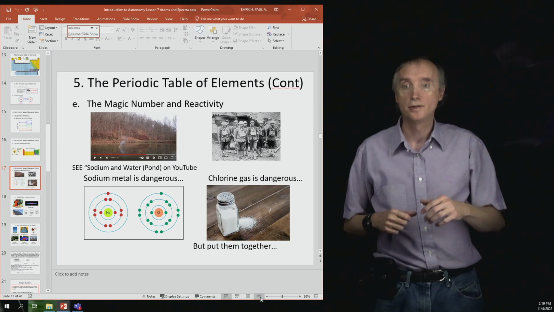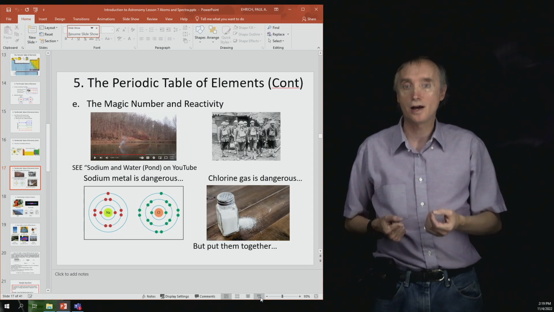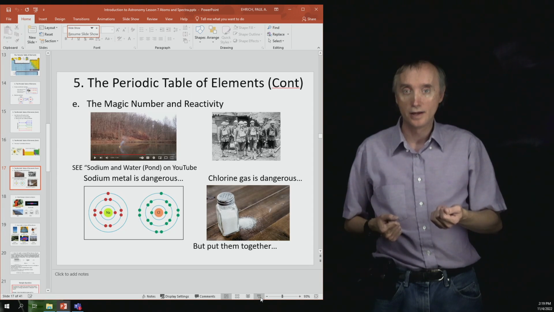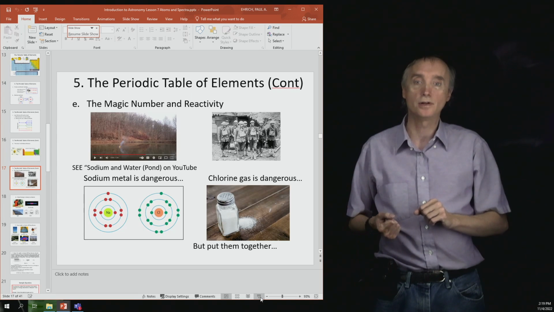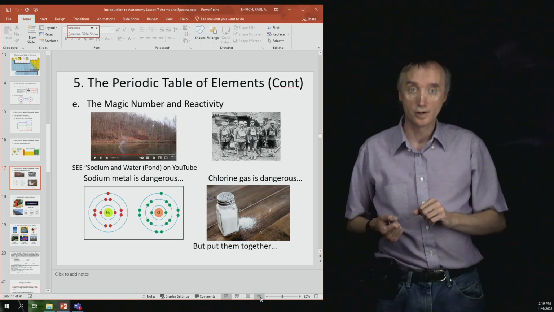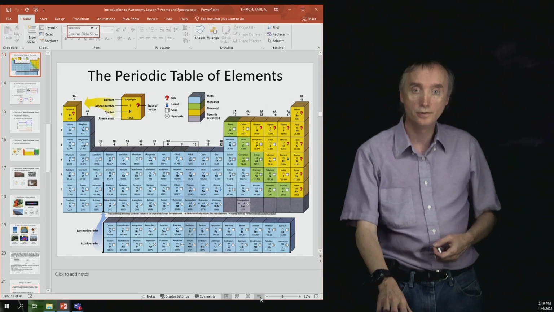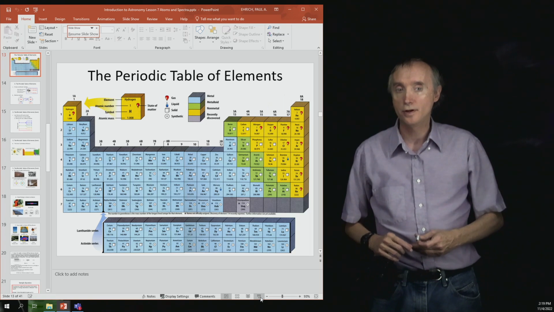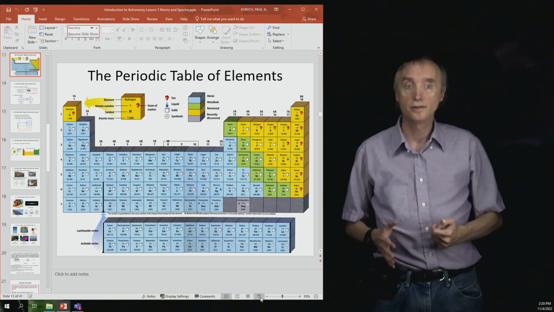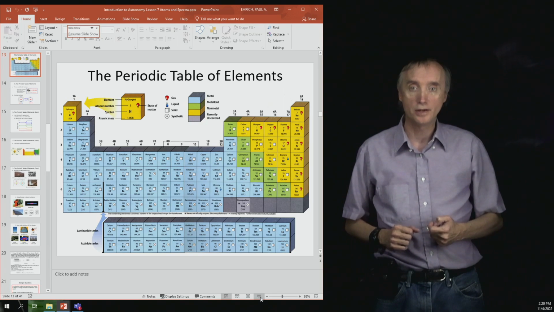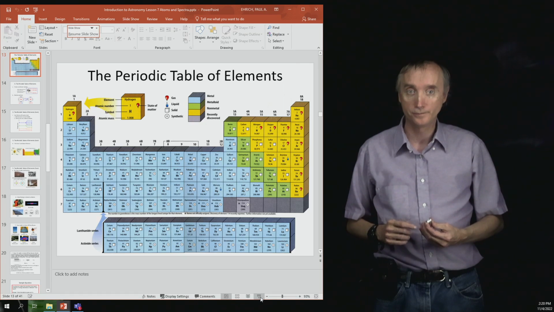It made sodium hydroxide, but it also released hydrogen into the air, and then the heat of the reaction set off the hydrogen, and that was the explosion that you saw. Any of the elements in the first column of the periodic table are going to be very explosive. They're very, very reactive because every one of them is just trying to get rid of one electron.